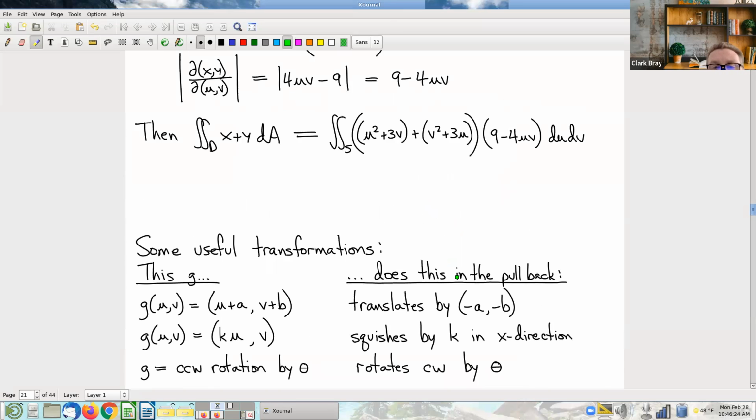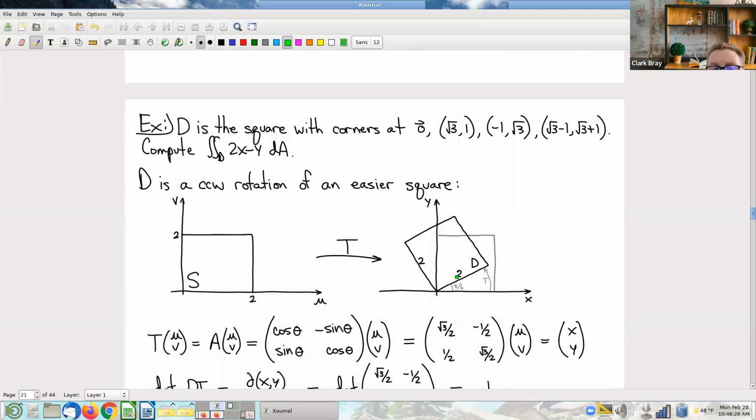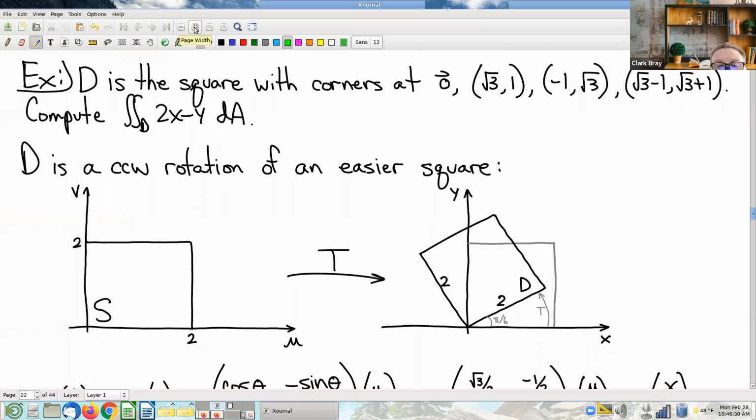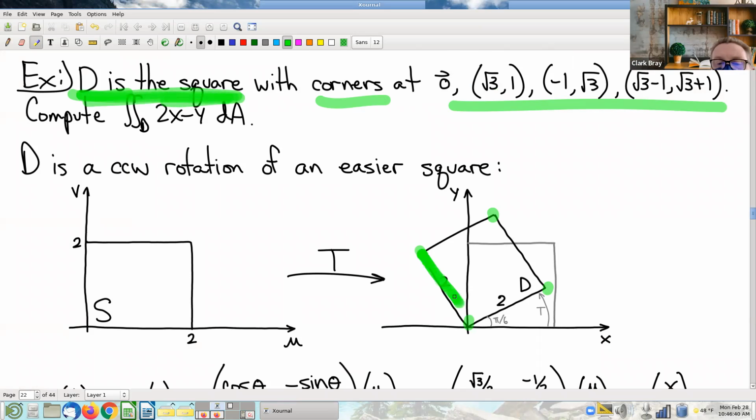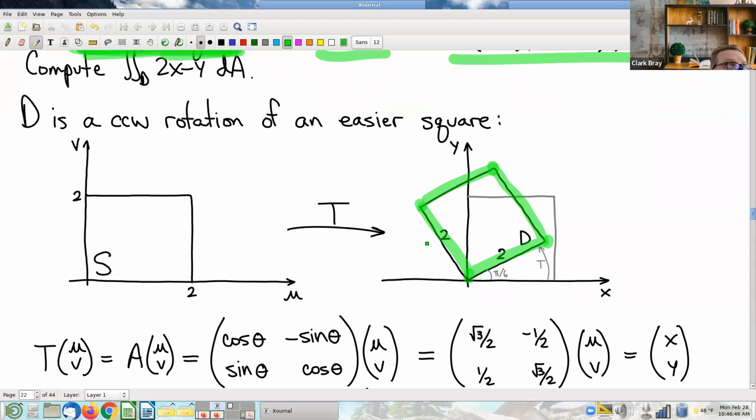So let's see an example here. We've got a domain here with given corners at 4 given points. In fact, it's specifically a square with corners at those 4 points. So here's our domain. Do we like this as a domain? Do I want to slice this dx dy or dy dx?